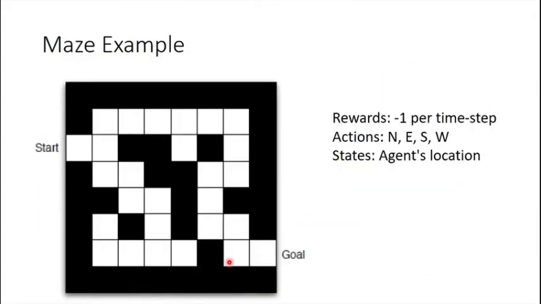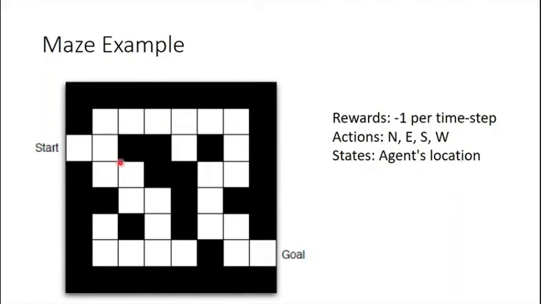As an example, let's take this case. The aim is that the agent should start from the start point and reach the goal point in the shortest possible number of steps. The reward that you get is -1 per time step, and the actions it can take are to proceed north, east, south, or west, and the states are the agent's current location.